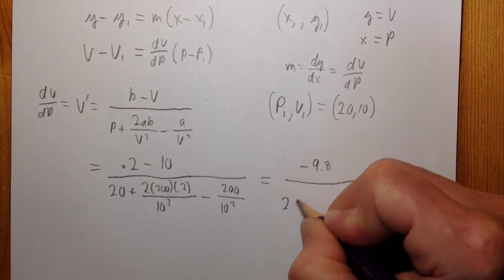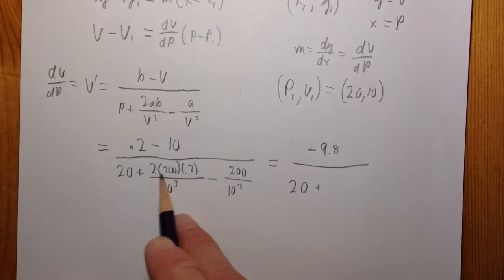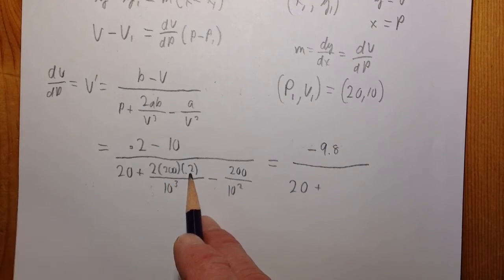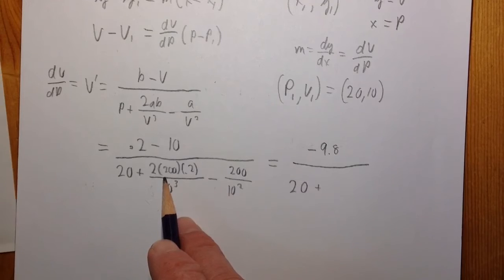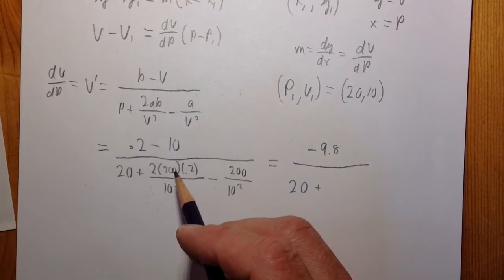Divided by 20 plus, let's see, can we do this in our heads? 2 times 0.2 is 0.4, times 200 is 80. So 0.4 times 200 on top is 80, divided by 1,000. So 80 divided by 1,000 is 0.08.